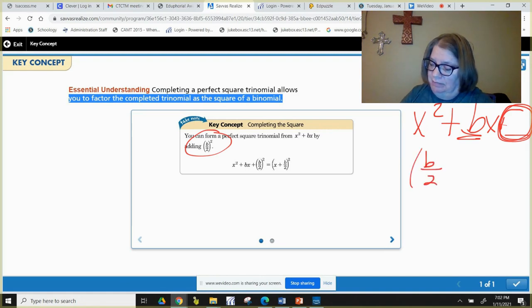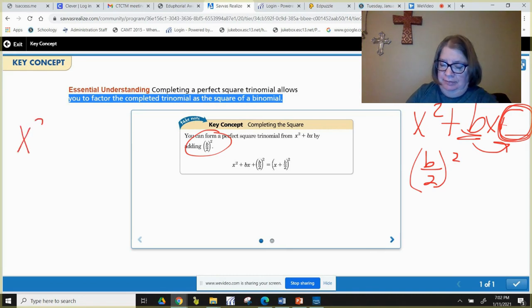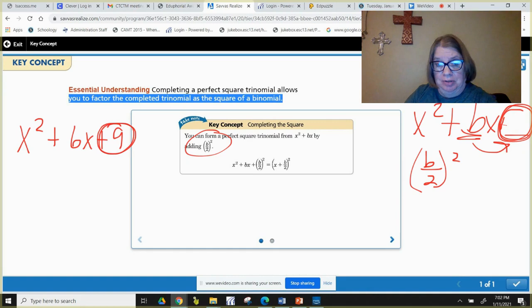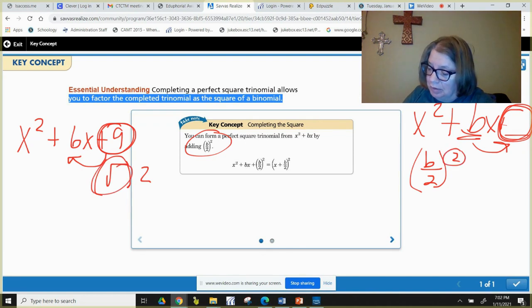So we take this b and divide it by 2 and then square it to get that last number. Remember we had x squared plus 6x plus 9. And I told you that the square root of 9 is 3. 3 times 2 is 6. So we took the square root and then we multiplied it times 2. The opposite of square root is squared. The opposite of times 2 is divide by 2.